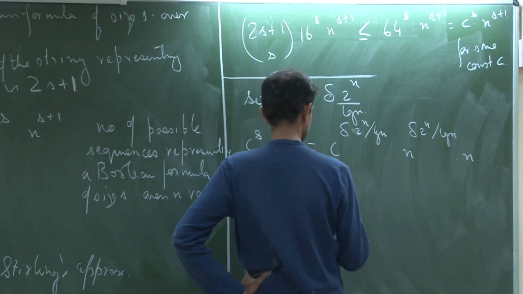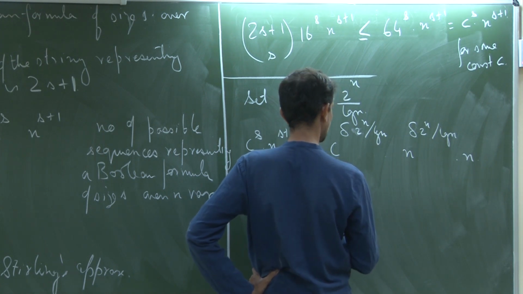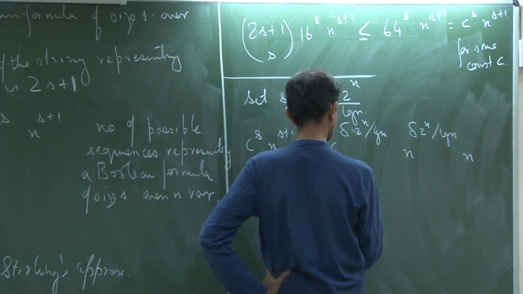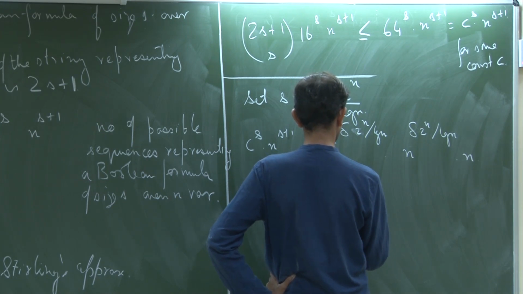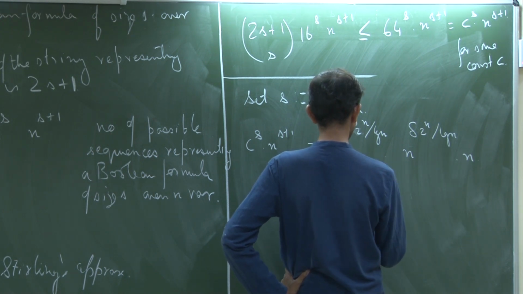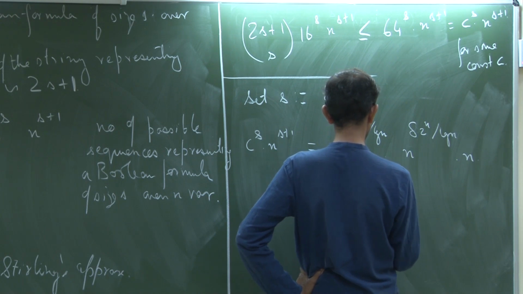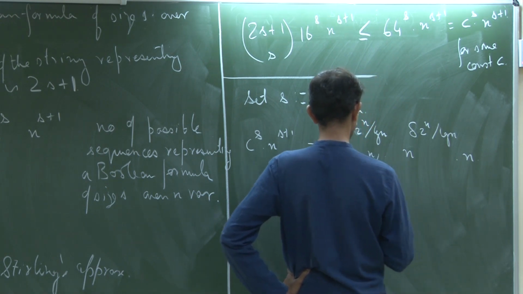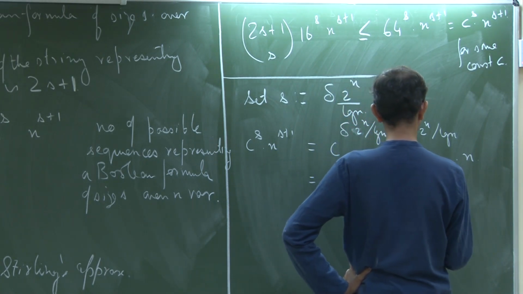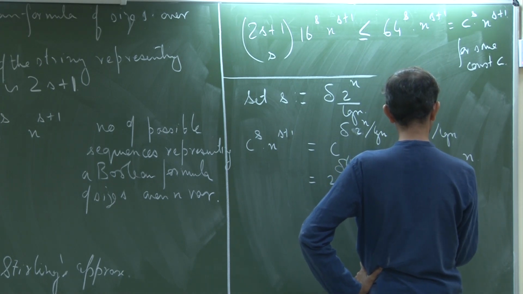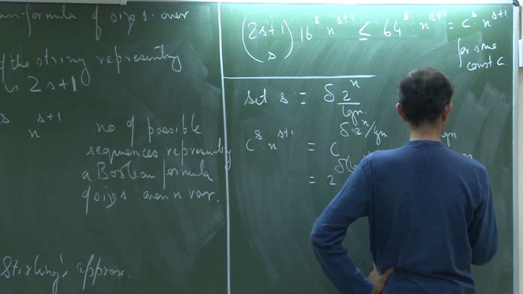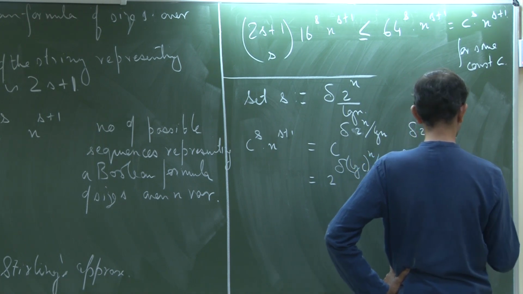So, I can write this as 2 to the power delta log c whole to the power n by log n, and this will become 2 to the power delta log n to the power n by log n.